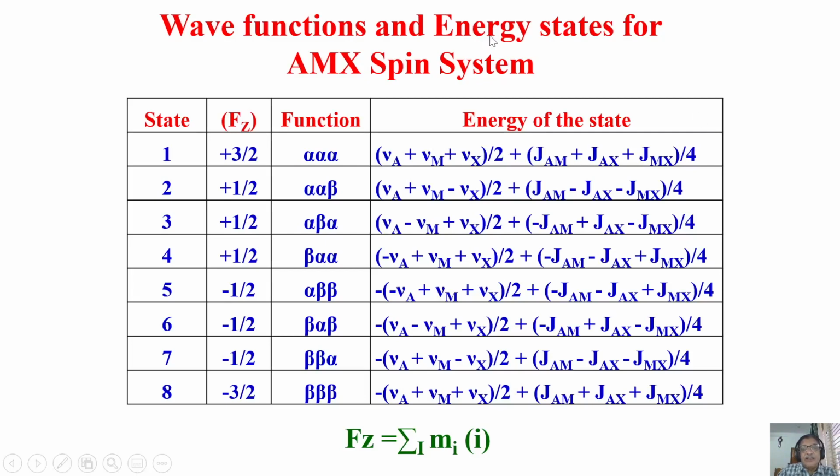The first state here corresponds to half of the sum of all 3 chemical shifts, A, M and X. Then you take J_AM, J_AX, J_MX by 4. Now you can find out which transitions are allowed. If I take, for example, this to this difference, this will cancel out and only nu X will be retained. And then this will cancel when I take the difference, and this will be retained.